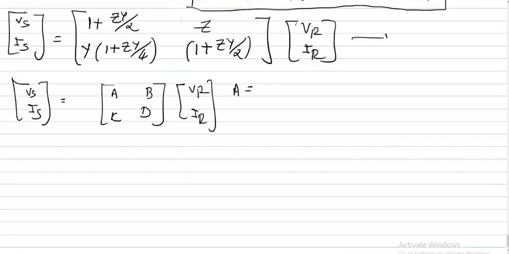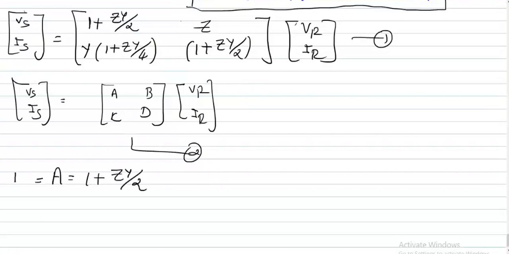Now you can compare this equation with this equation. So let's say A equal to 1 plus ZY by 2, which is the same as D. And what about B? B equal to Z, and C equal to Y in bracket 1 plus ZY by 4.